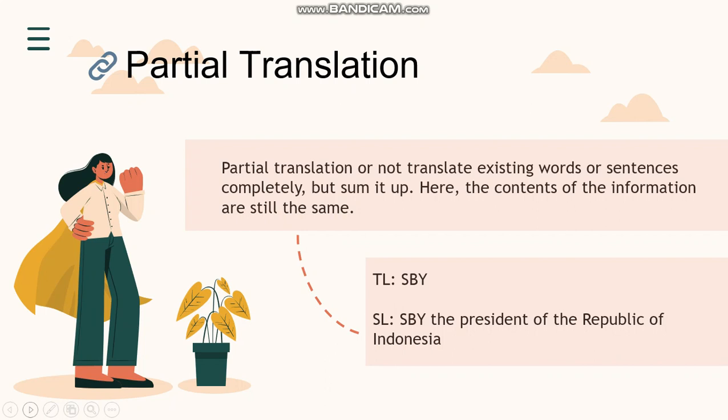You can see that the translator doesn't translate the sentence completely, but the translator summarizes it. But in this context of partial translation, the contents of the information are still the same.